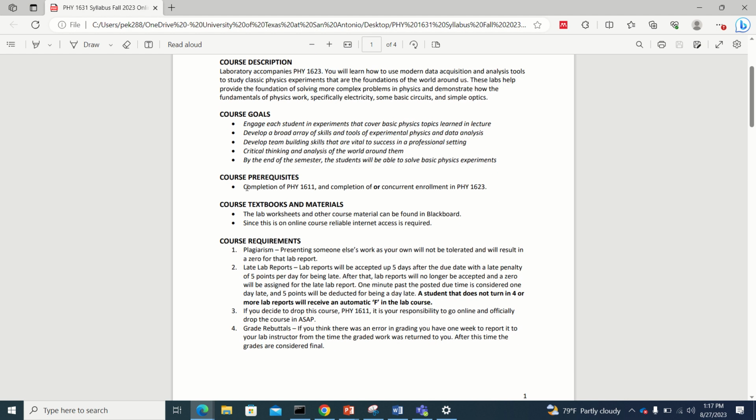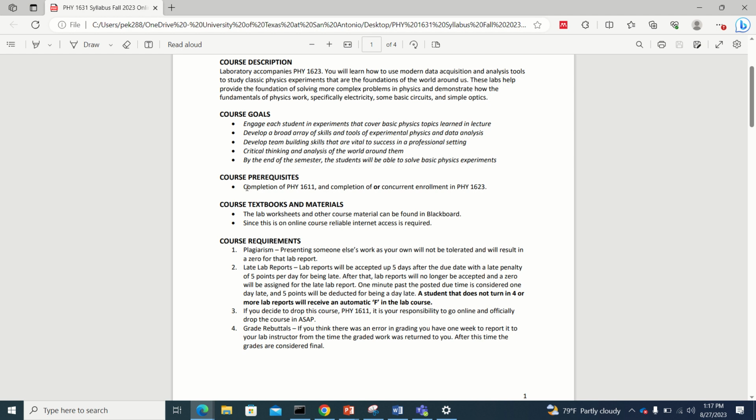Again, another goal of this course is to develop critical thinking and analytical skills. After you perform these experiments, it's very important to think about what's going on and try to explain the physics. Typically, if you don't provide any answer at all, or if it's a yes or no, you're not going to receive any credit.